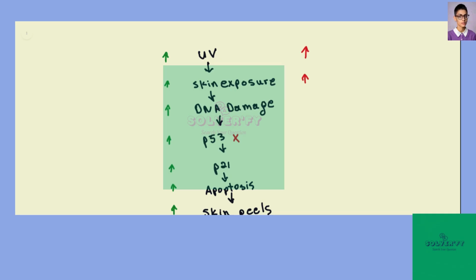Skin exposure to increased UV would cause DNA damage, but then here, well, actually you would have increased p53 as well. It's just that the p53 would be dysfunctional, so it wouldn't have an effect on the downstream events. So nothing would happen to p21, nothing would happen to apoptosis, and your skin wouldn't peel. So basically, this is where the chain fails after p53.